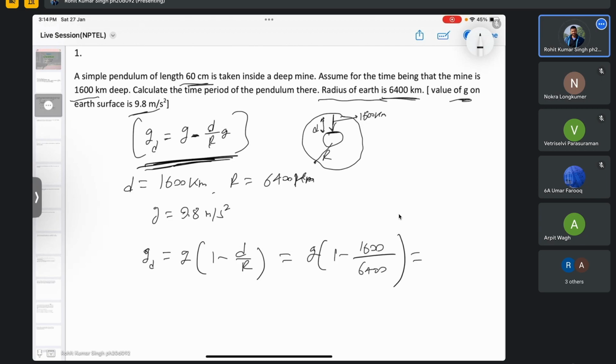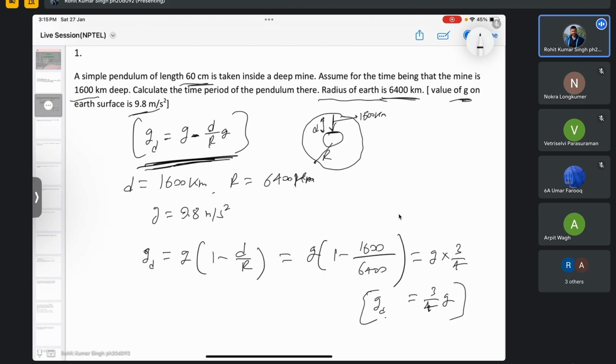So this you will get 3 by 4. What it says is the acceleration due to gravity at the depth d, which is 1600 kilometer, will be 3/4 of what you get on the surface.